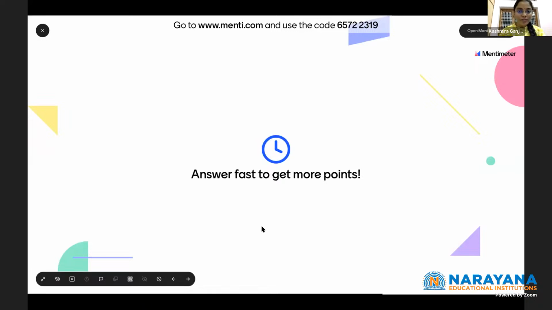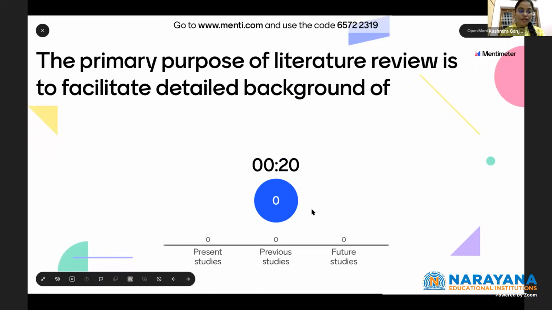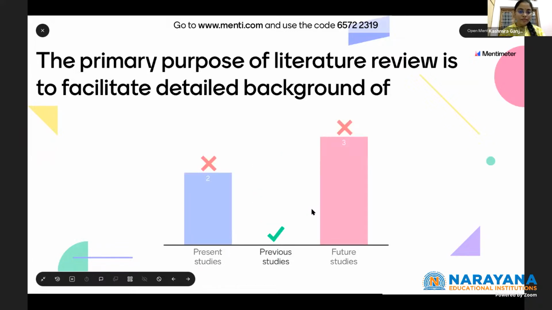The primary purpose of literature review is to facilitate detailed background of... The correct answer is previous studies.